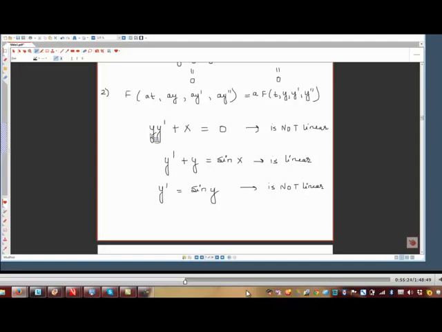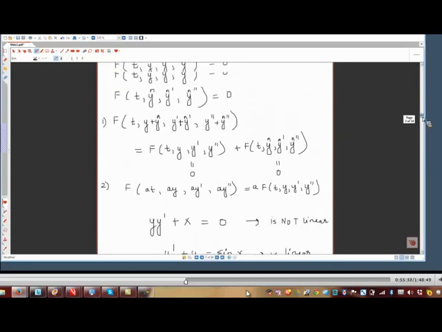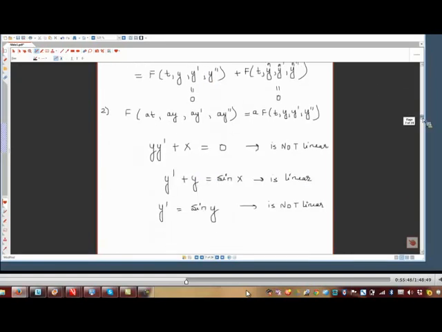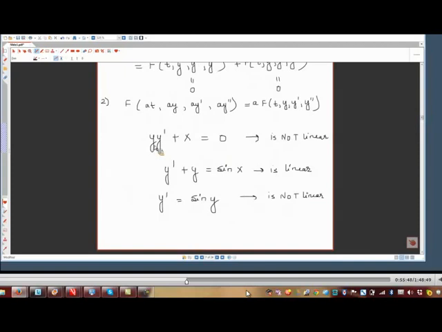This is not linear because whenever you have y multiplied with y prime, the splitting which is happening above, this thing will not hold, because you cannot put them apart.